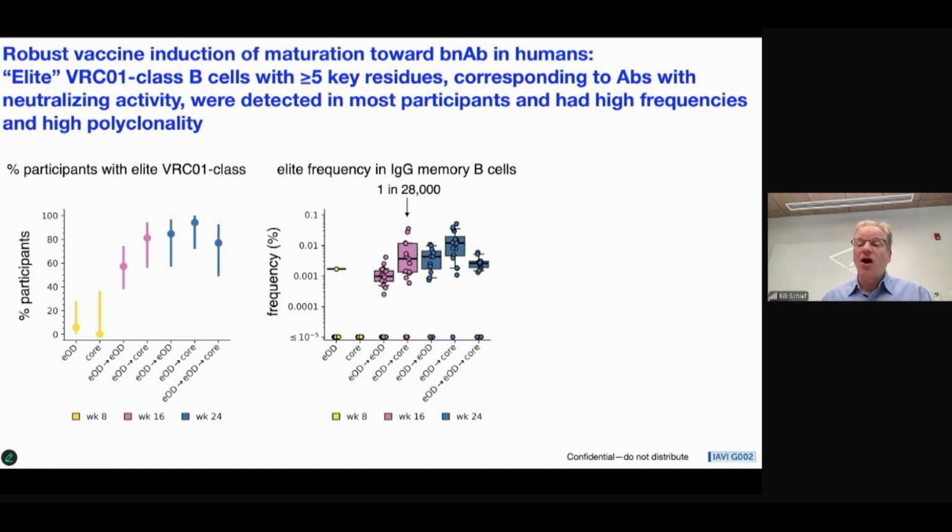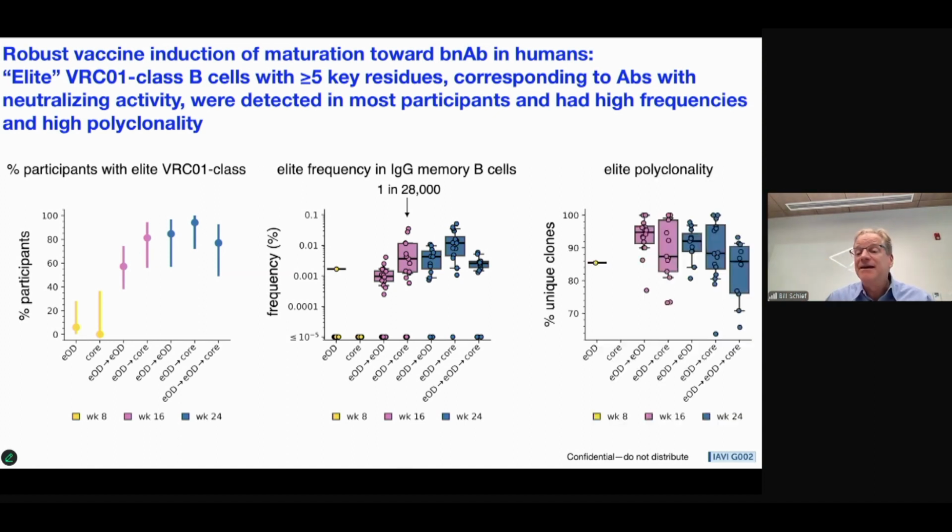How frequent are these elite responses in the blood of the positive responders? EOD to core, the median frequency is 1 in 28,000 memory B cells. 1 in 28,000 memory B cells in each individual is an elite VRC01 class B cell. That is a remarkable number, and we believe that is high enough to be ready for the next heterologous boost to further drive that along. So we're really excited about that.